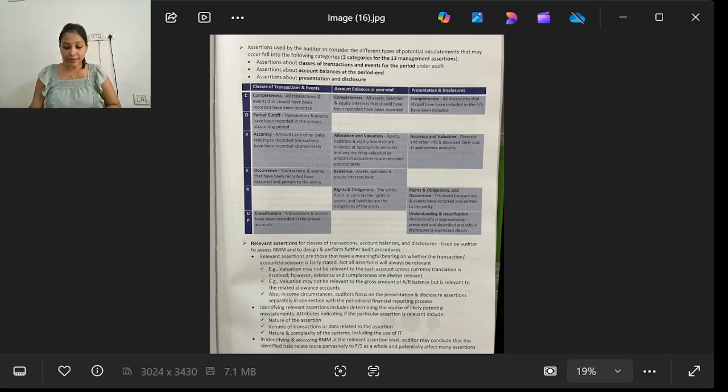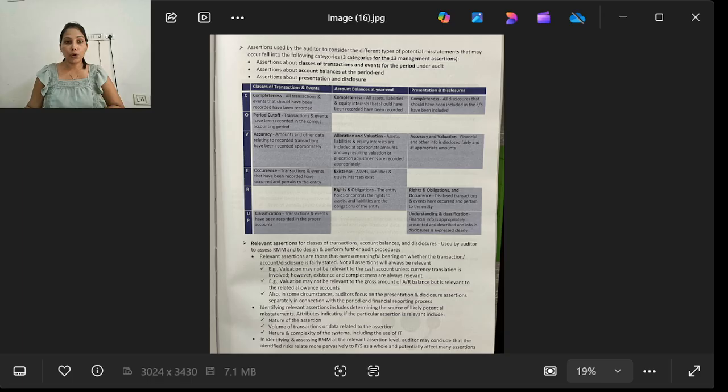Accuracy, allocation, and valuation are three assertions. Accuracy pertains to the transactions, while allocation and valuation are part of the balance sheet and the presentation and disclosures. Our transaction statement should be accurate, whereas the valuation and allocation of assets should be properly done in the balance sheet and the disclosures.